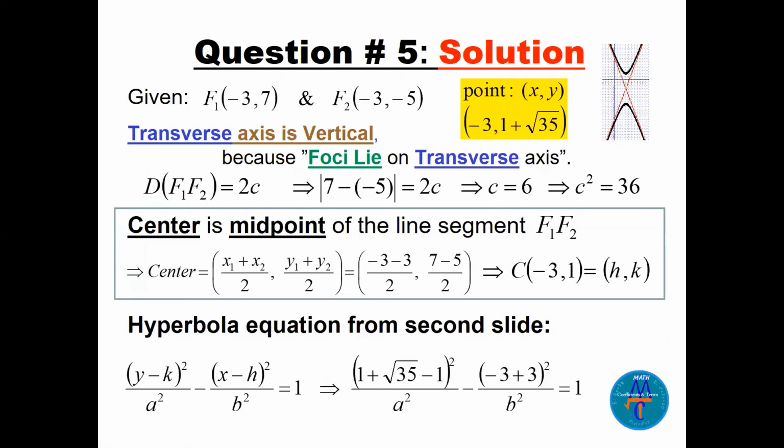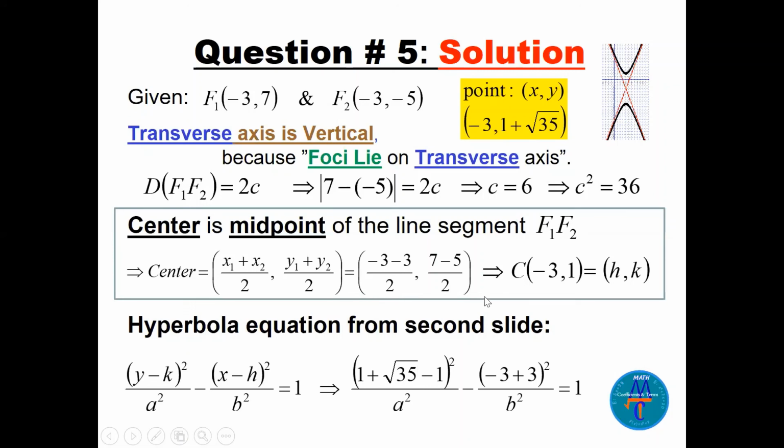Now, hyperbola equation. Now here the story comes, please. Be careful. From the second slide, this is a vertical transverse axis: y minus k squared over a squared minus x minus h squared over b squared. So I have to put the numbers. Now be careful, what are the numbers?